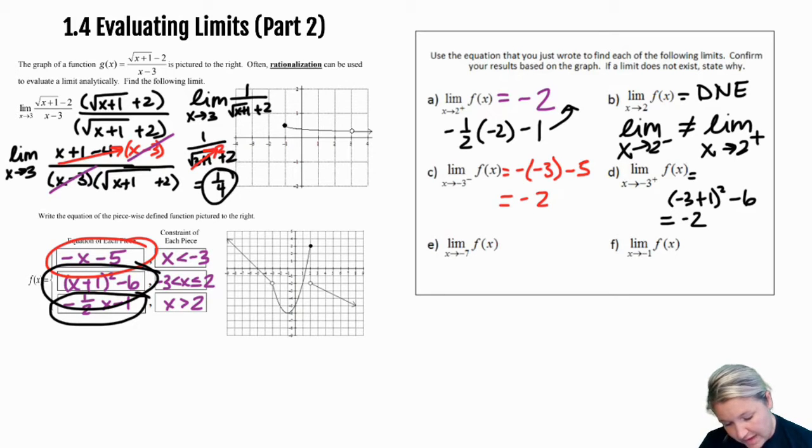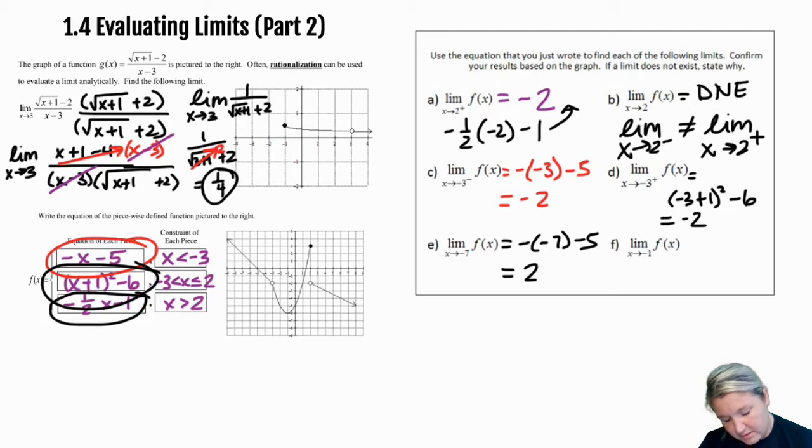And then the limit as x approaches -7. Since -7 is less than -3, I'm going to use that first equation, which is -7 minus 5. So that's going to give me -2, and I can kind of verify that on the graph there.